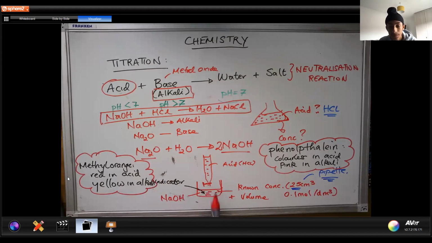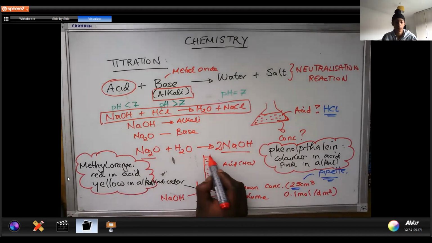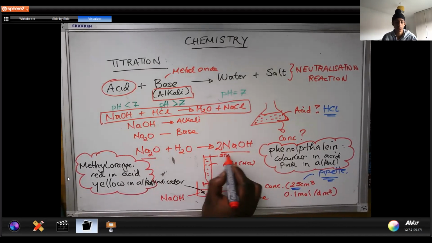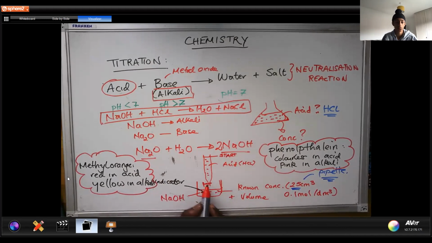Okay. And the reason why is, as you add this acid, you're going to look at your starting point. Where does my volume start at? And you're going to add this acid to this alkali very slowly in drops. So imagine you're using a phenolphthalein indicator. It's going to be pink to start with.